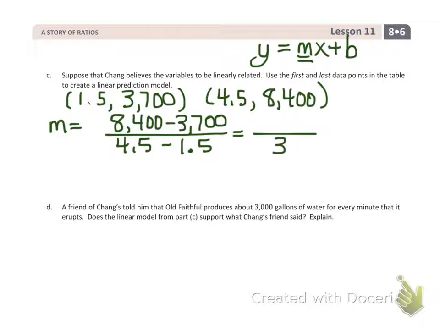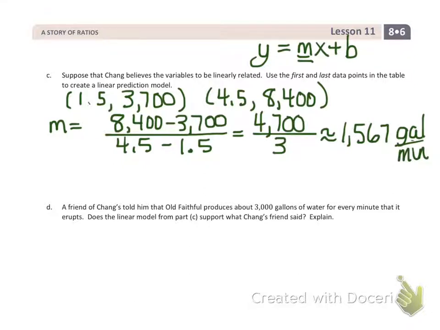And then 8,400 minus 3,700 is 4,700. And when I do that division, I get approximately 1,567 gallons per minute.